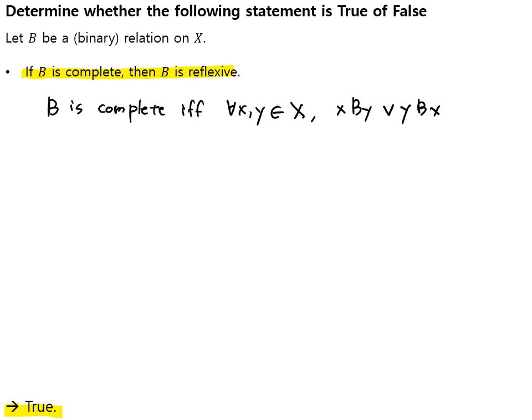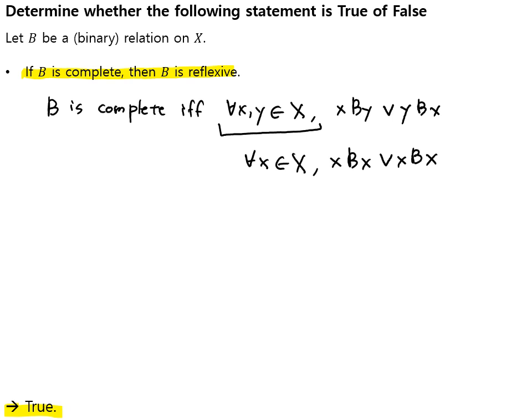Okay? And since this is a universal quantifier applying to all pairs x and y, this also implies the case when x and y are the same element, right? So in particular, this implies that x is related to x or x is related to x.